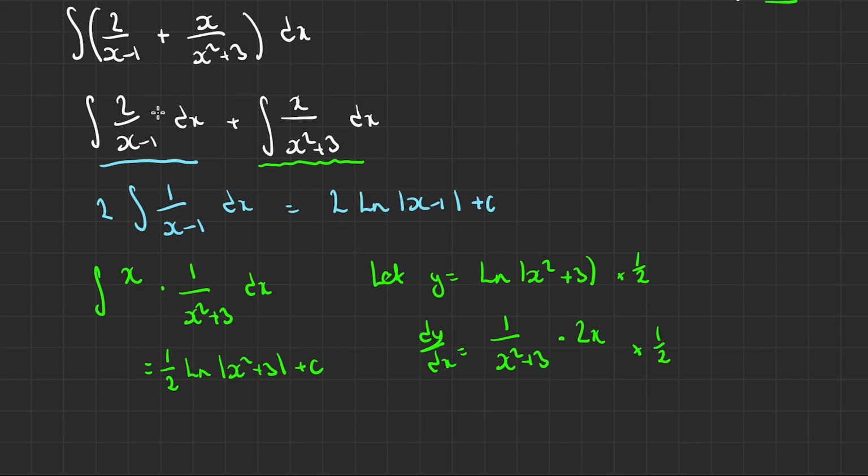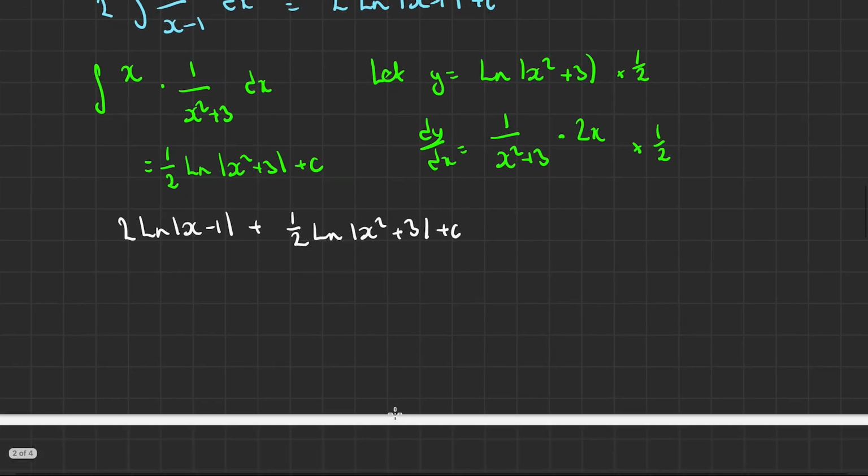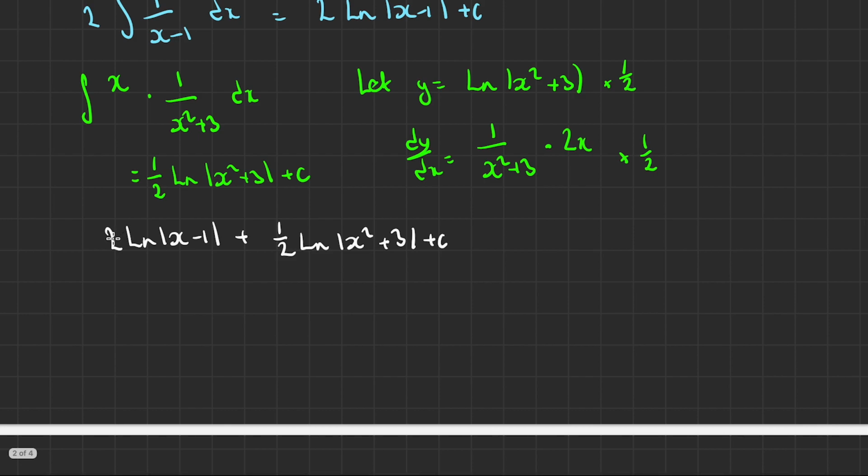So we have our first term here, which is 2 times the natural log of x minus 1, plus this integral, which is this one here, plus 1/2 of a natural log of x squared plus 3, plus the constant term. So now we can use the rules of logs. We can move this 2 up to here using a power rule.